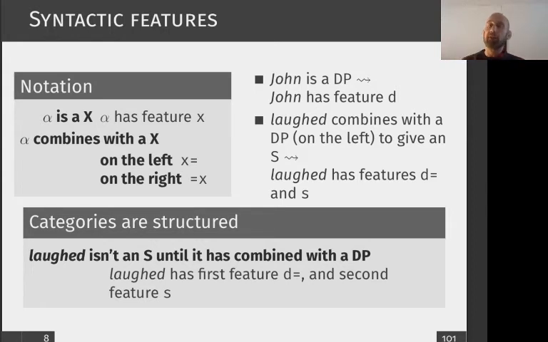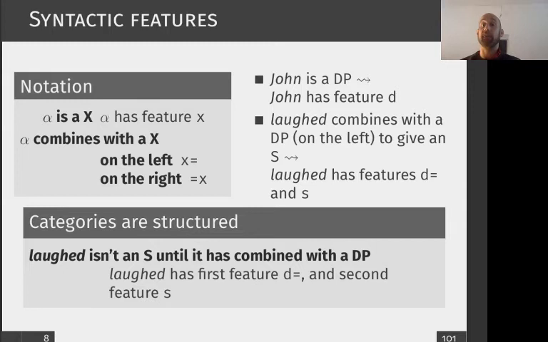What is important also is that categories are structured. Okay? So laughed isn't a sentence until it's combined with a DP. What does that mean? Well, that means that even though laughed has the feature S, something that wants to combine with an S wants to combine with a real S. Laughed isn't able to combine with something like that because it's not really an S yet.